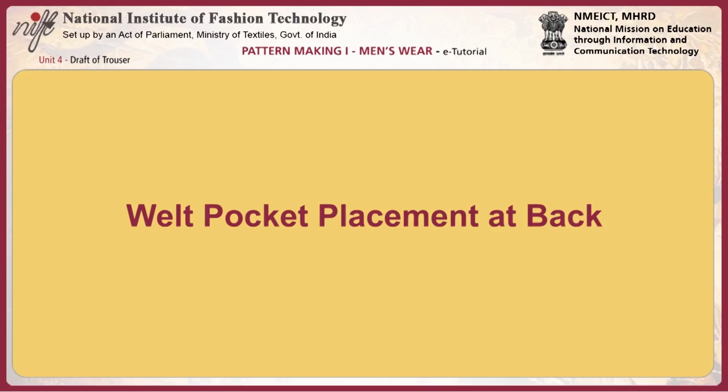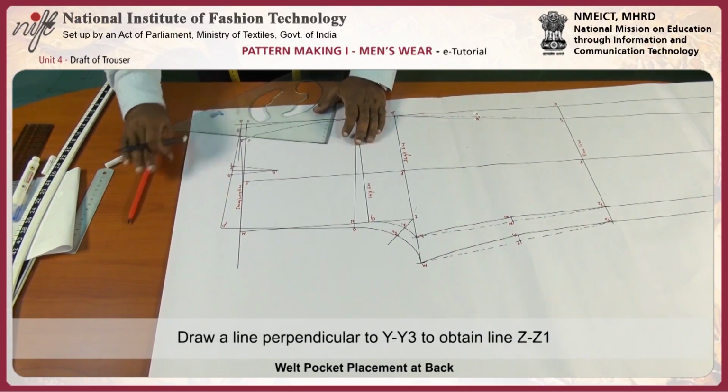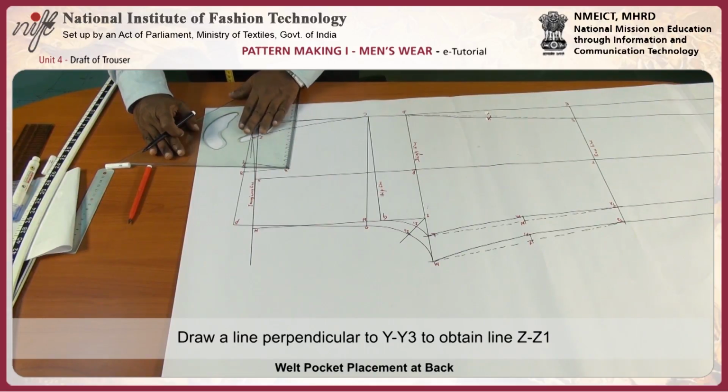Next, let us move to welt pocket placement at back. From Y3, draw a perpendicular line.